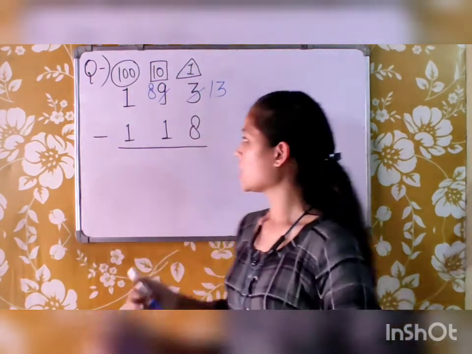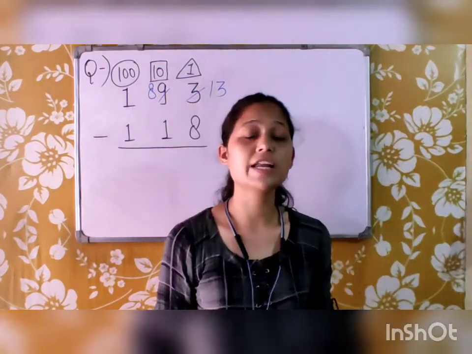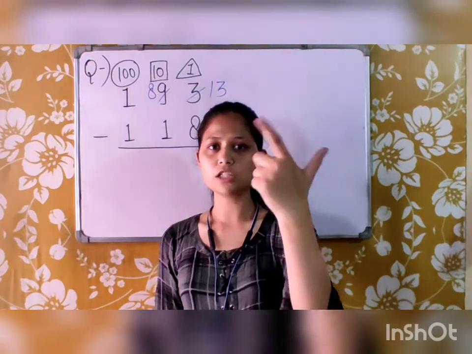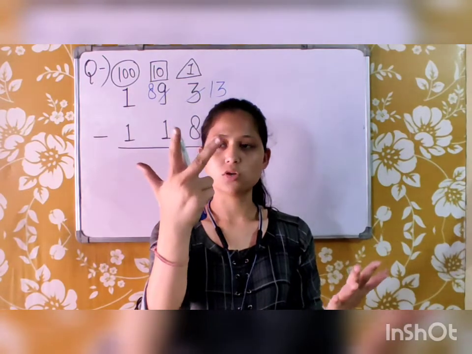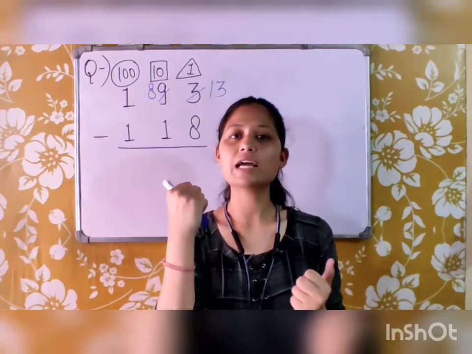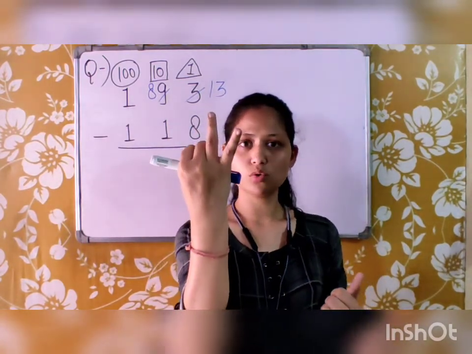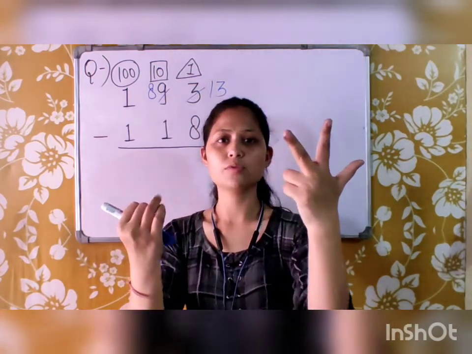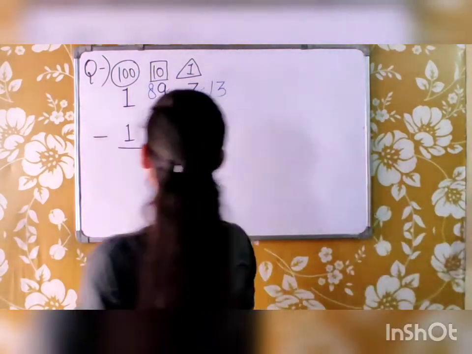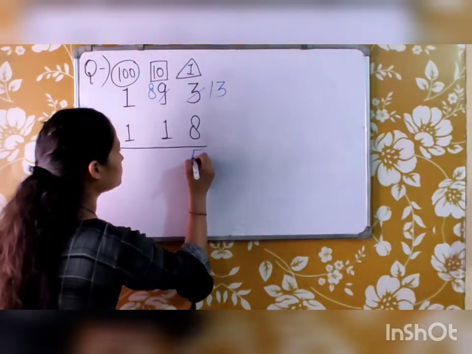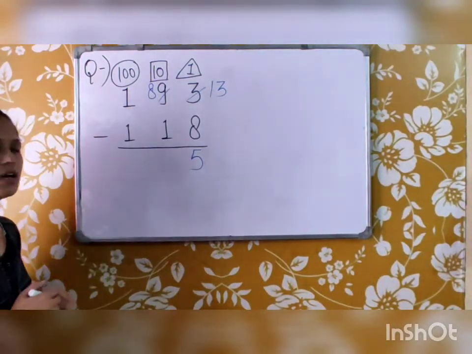Now we subtract 8 from it, counting 1 to 8. How much is left? 5. So 13 minus 8 is 5.